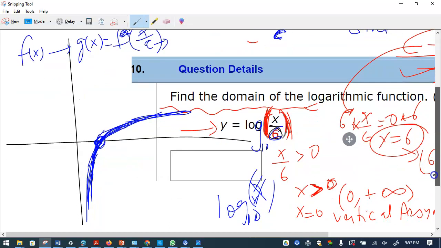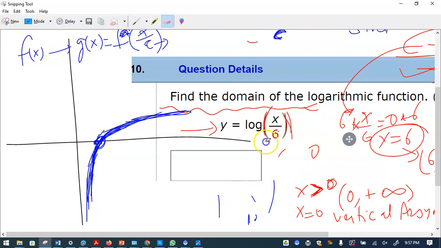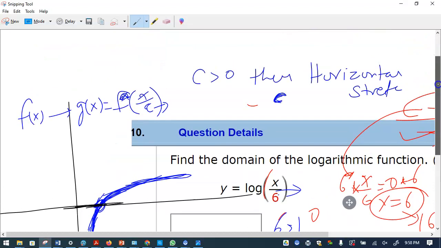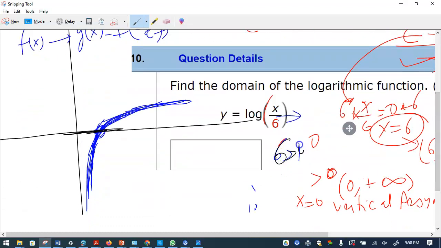So if you see this part, in this case they give us 6. This 6 is bigger than 1. So based on this 6 which is greater than 1, at any point, let's say this point with x and y, the x gets multiplied by the scale factor of 6.